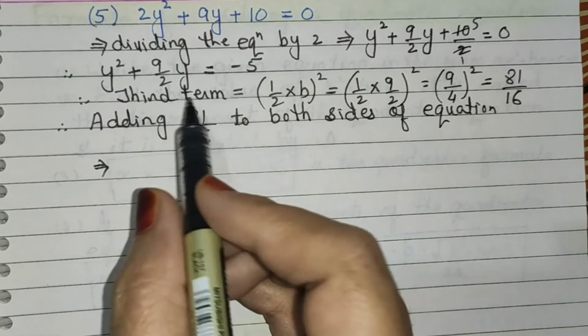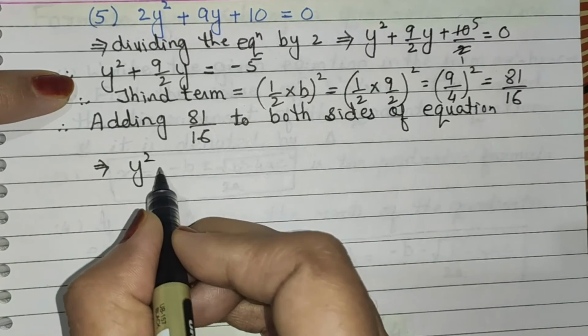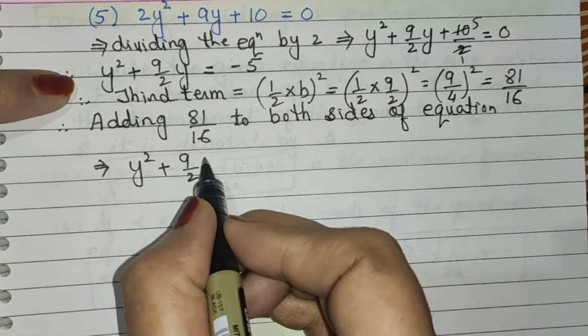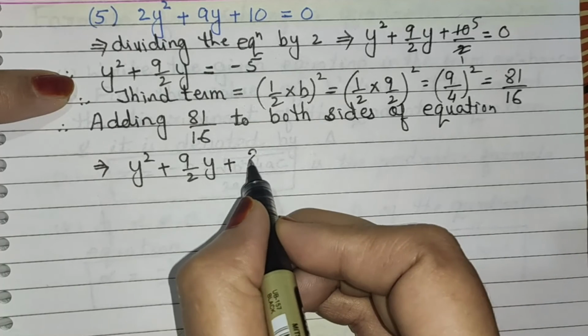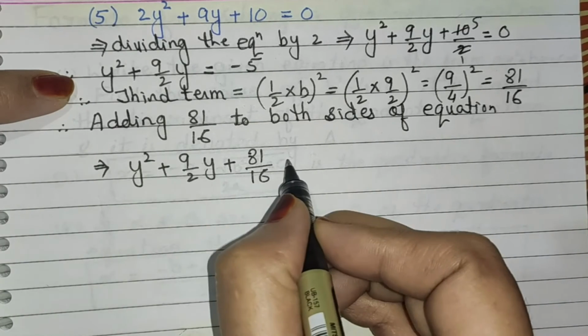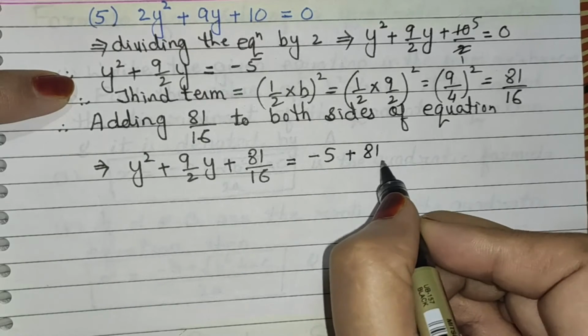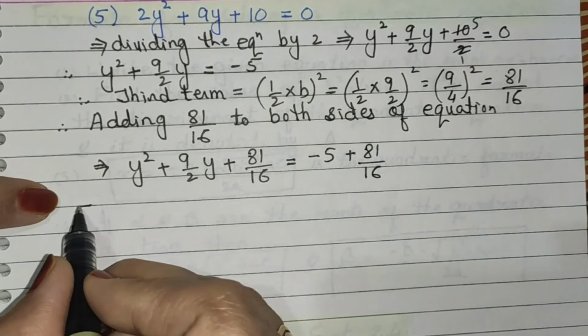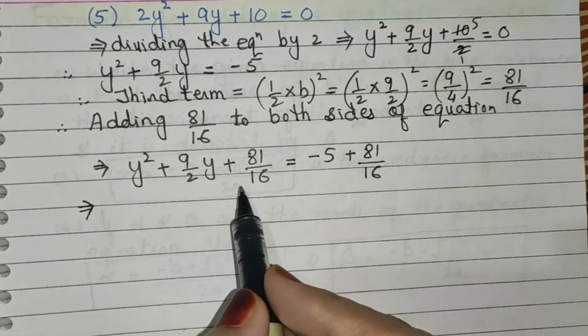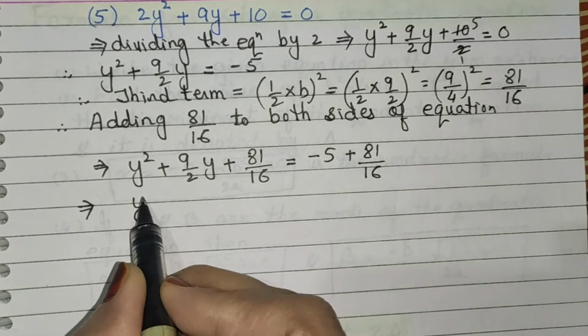Therefore, we get y square plus 9 upon 2y plus 81 upon 16 is equal to minus 5 plus 81 upon 16. Now solve it. Here first term is y square.